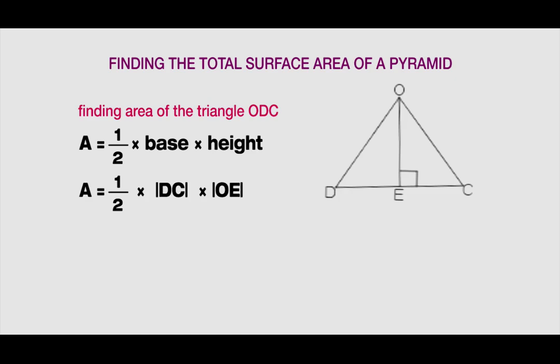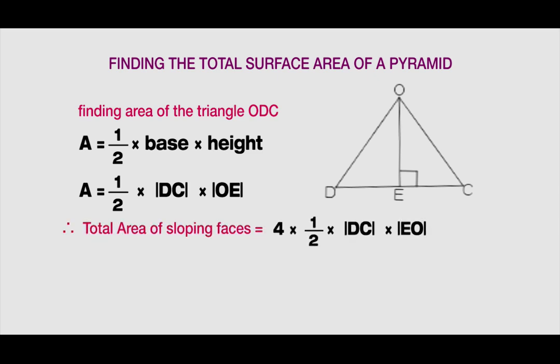Therefore, for the 4 faces, we multiply the result by 4. So the total surface area of the sloping faces will be 4 multiplied by half, multiplied by DC, multiplied by EO. And that means the total surface area of the sloping faces will be 2 times DC times EO.